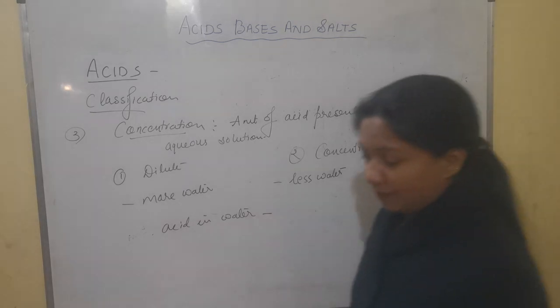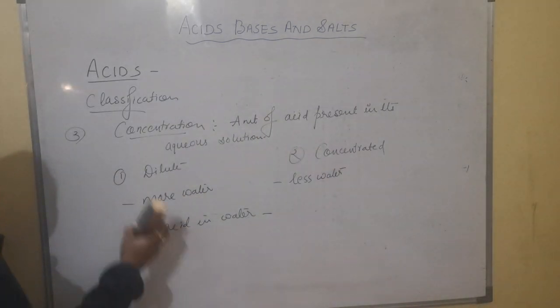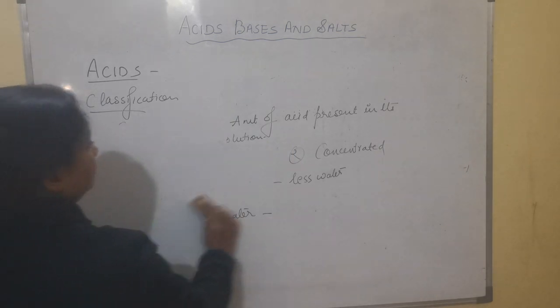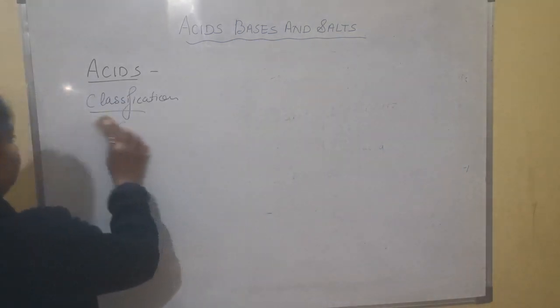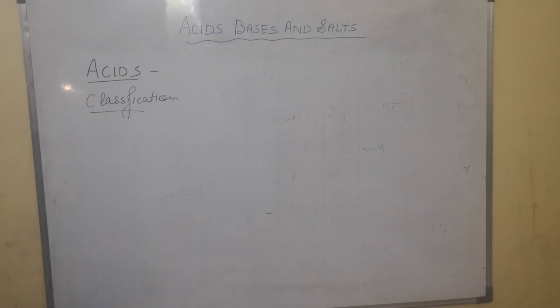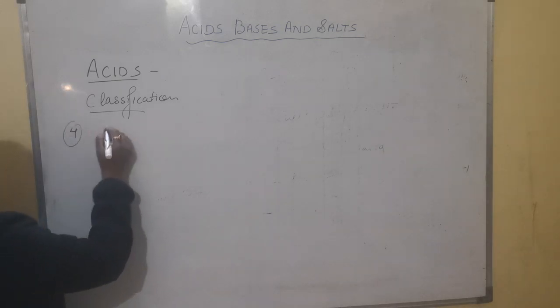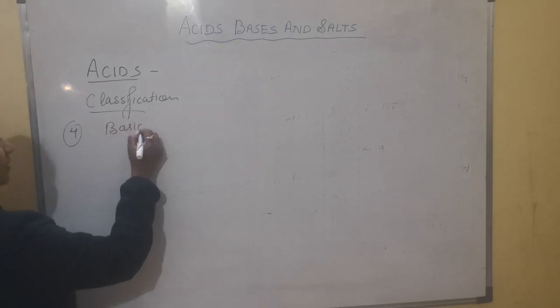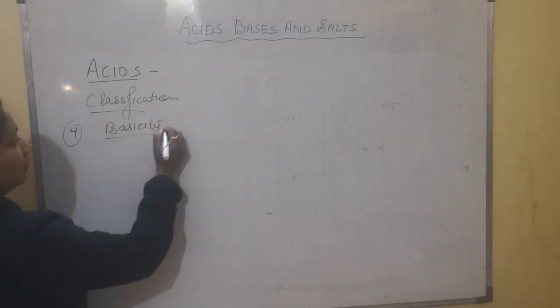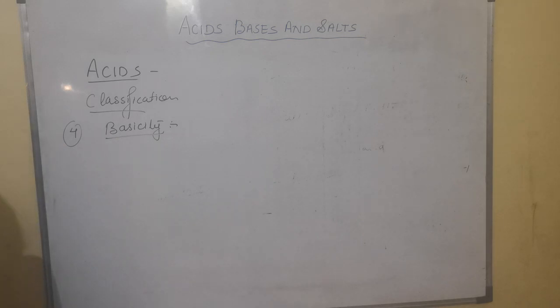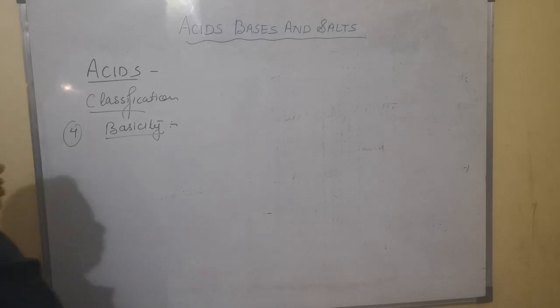Now we will see the basicity of acid. The next classification is on the basis of their basicity. Basicity is the number of hydronium ions produced by the ionization of one molecule of that acid in its aqueous solution.